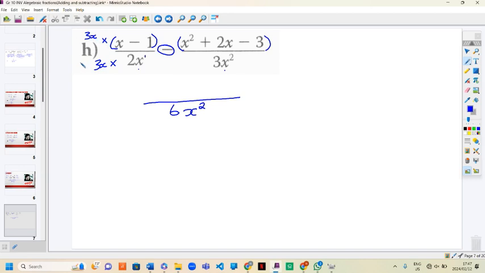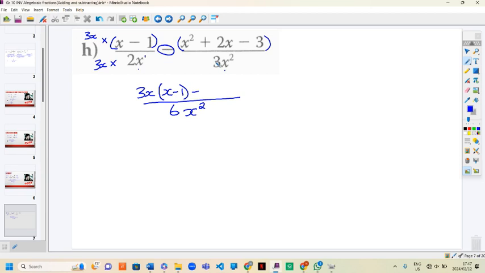3x. Now I've got 3x multiplied by this entire bracket. You see why I put brackets around it? Because some people without the brackets just say it's 3x times x, which is 3x squared minus 1. No, that's wrong. So please put your brackets in. We've got x minus 1, so I've got 3x times the bracket. Now minus.